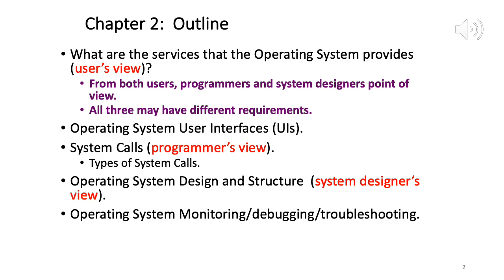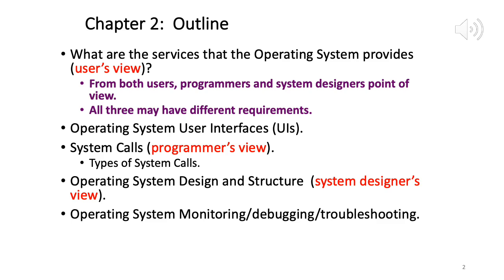Definitely from a user's point of view, we'll look at the kind of services that an OS provides. And another very important aspect is the user interface, because using the user interface, the user can interact with the OS, right? Whether it's launching a program, stopping a program, moving files around, deleting files, and so on. All that happens through the UI or user interface.